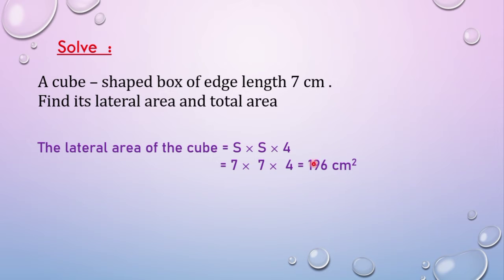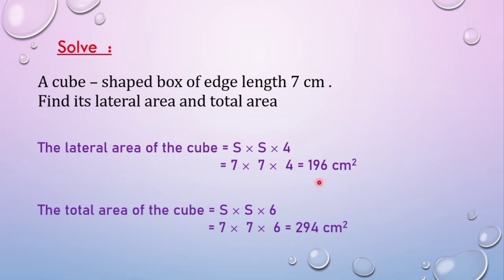It will be 196 centimeters square. What about the total area of the cube? To get the total area of the cube, I will make side times 6. So 7 times 7 times 6 will be 294 centimeters square.